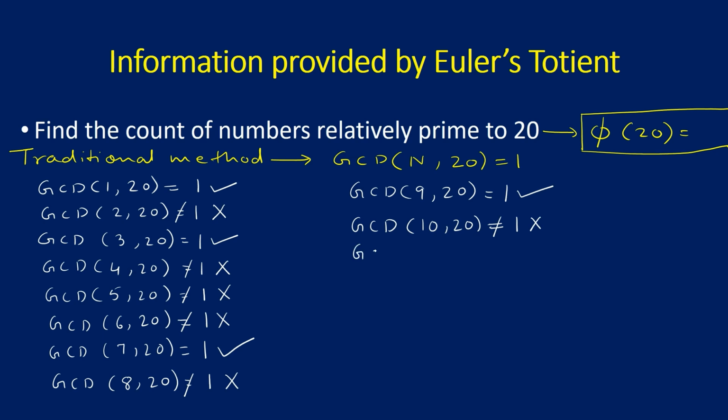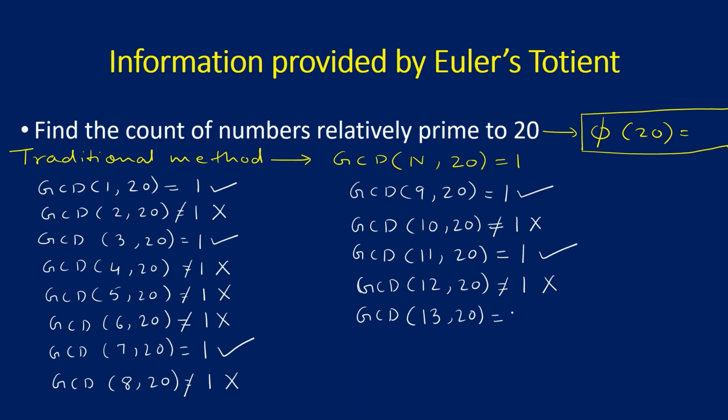What about GCD between 11 and 20? So 11 and 20 have only one common divisor, which is 1, and hence they are co-prime. GCD between 12 and 20? 12 and 20 share many common divisors other than 1, and since the greatest common divisor is not 1, 12 and 20 are not co-prime. So what is the GCD between 13 and 20? It is 1.